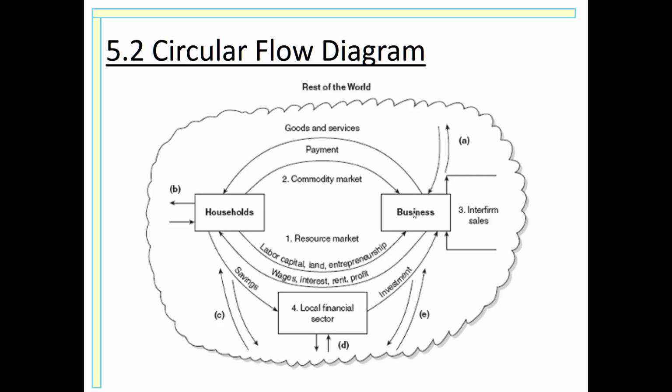A dollar bill may start here, go to the households here, then the dollar bill may end up in the bank as savings, but it's back to the business as money for investments, as a loan for investments. So you have the flow of money going on. The most important thing for our purposes, though, is the following.